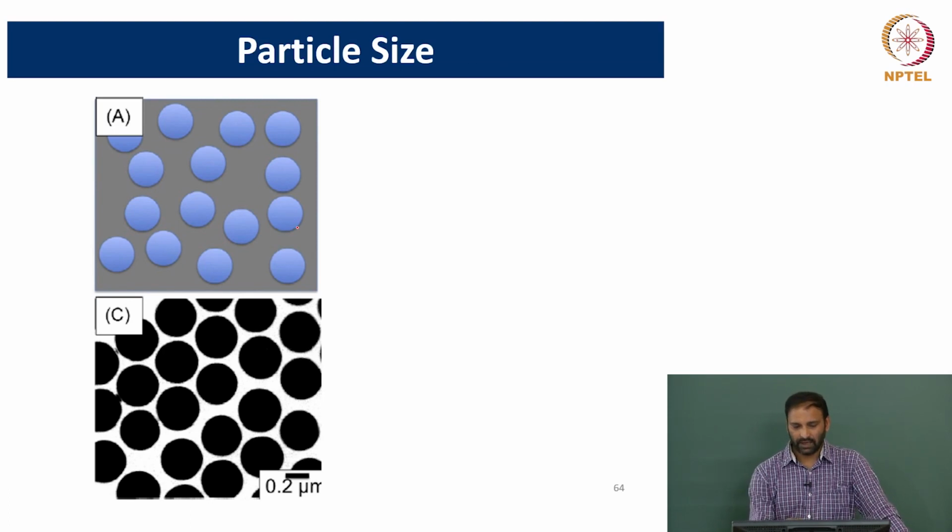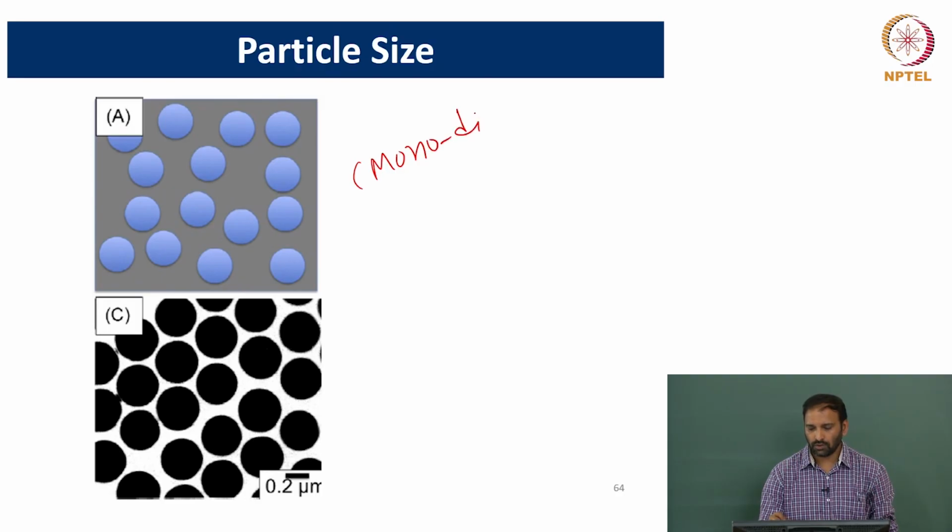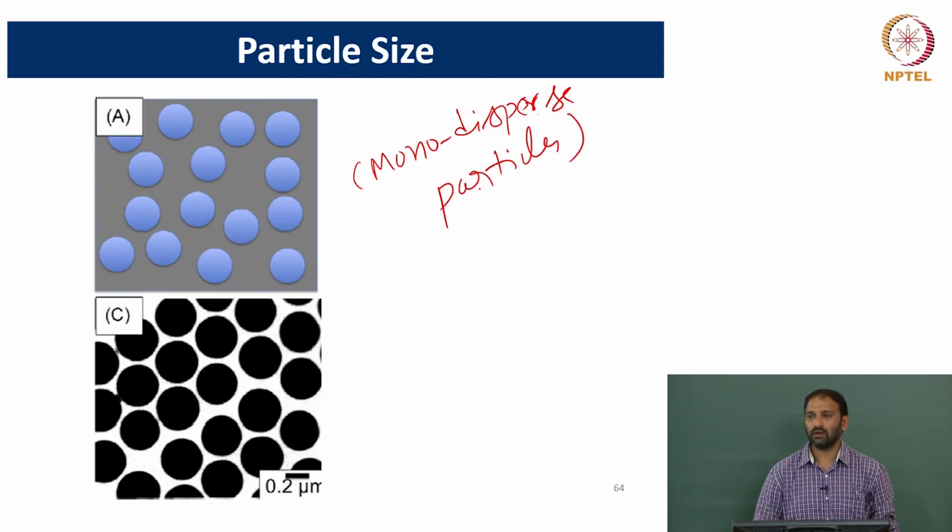Such particles, where the particles are of identical size, refer to what is called monodispersed particles. That means all these particles are of exactly the same size.